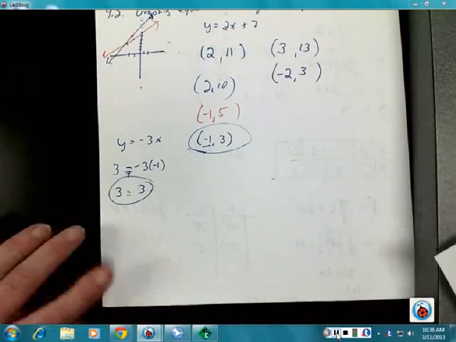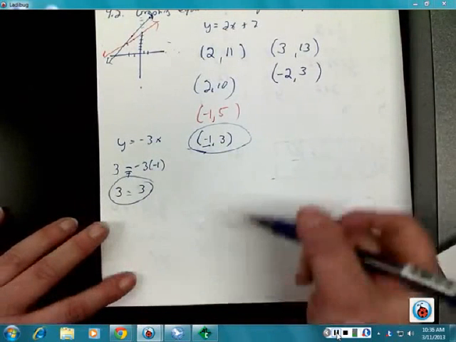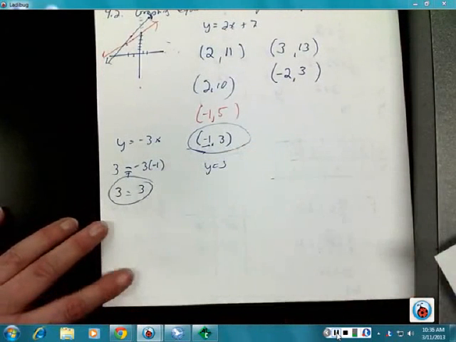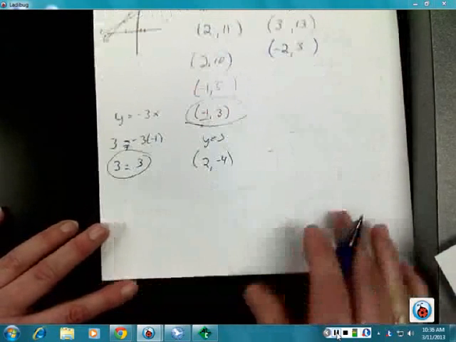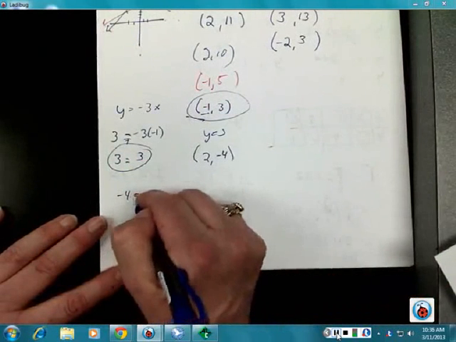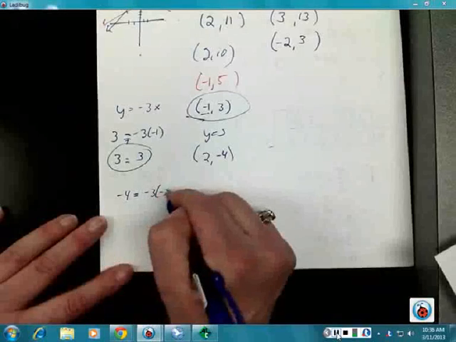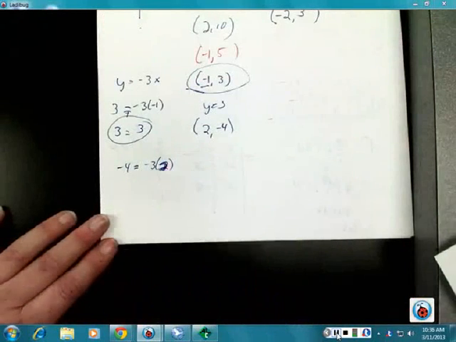Yes. So it is correct, and so therefore, because it's correct, I can say yes to this, that is a point on there. But if they gave me 2 comma negative 4 and said, is that a point on this line? I put negative 4. Negative 3 times the negative 2, or times the positive 2, I should say. Is that true?